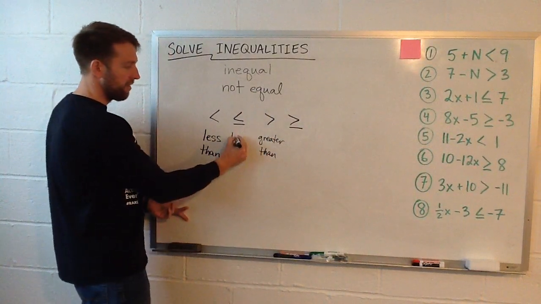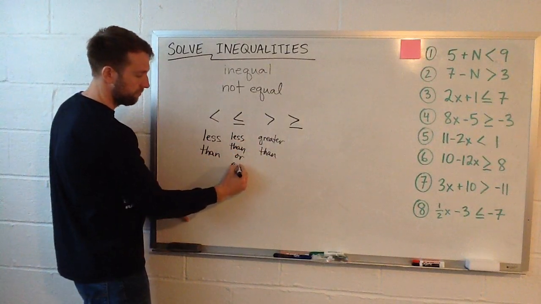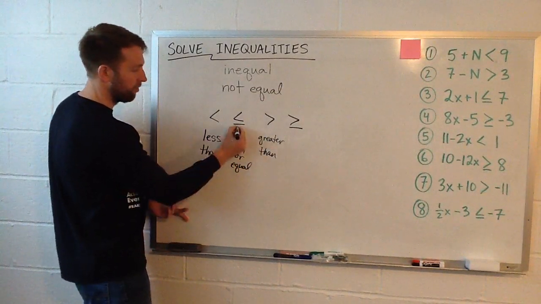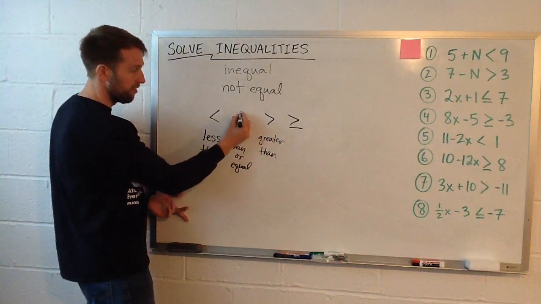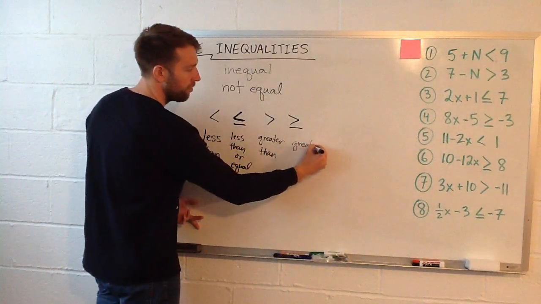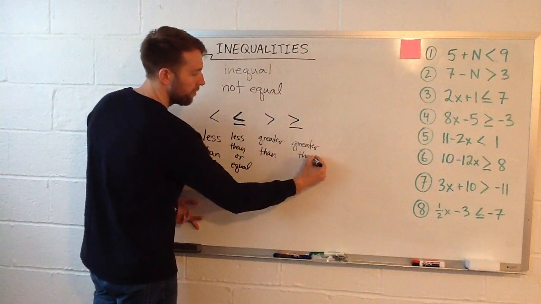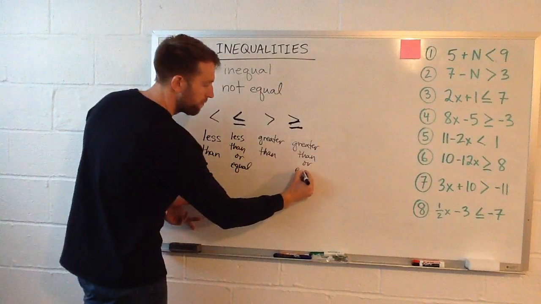Or this one would be a less than or equal, which is that little, you can kind of see the equal sign is built in there, but then it still has the less than sign. And then this one would be a greater than or equal, because it has a little bit of that equal sign built into it right there.